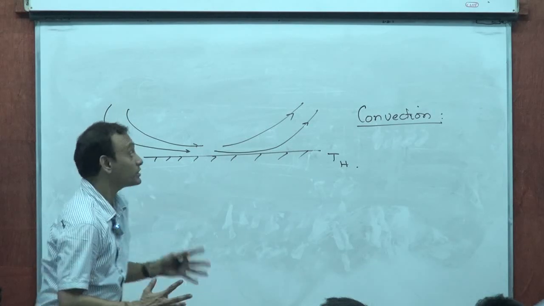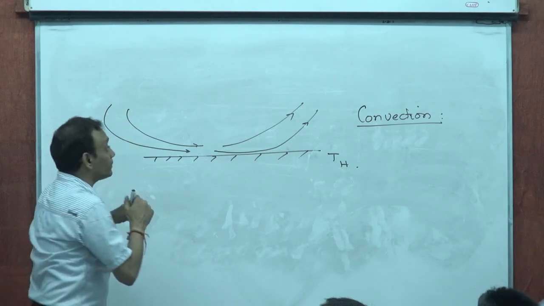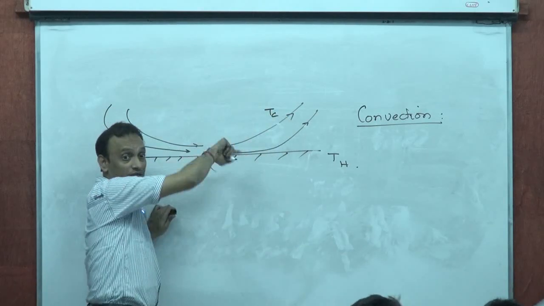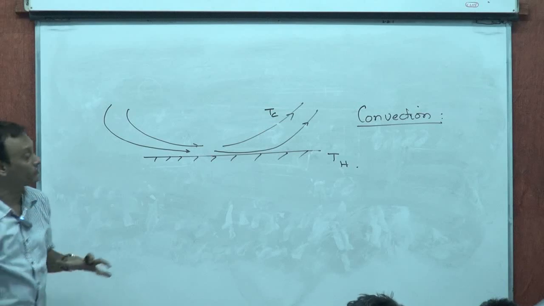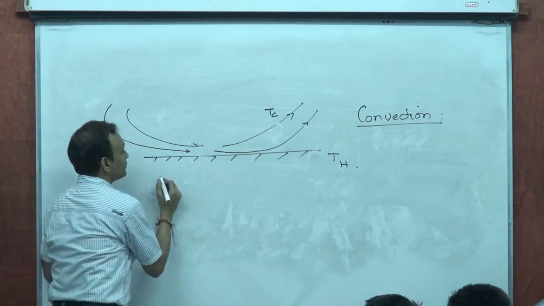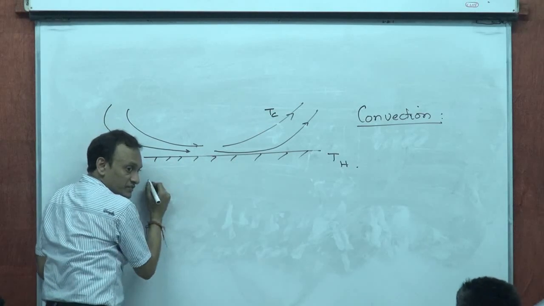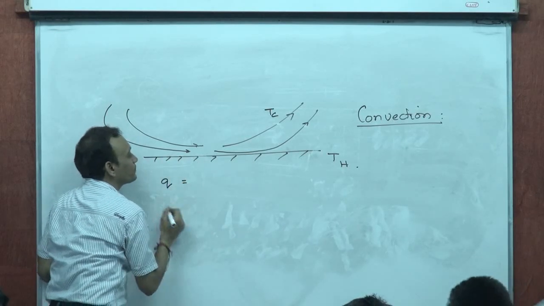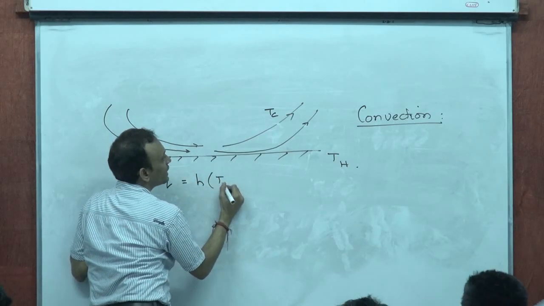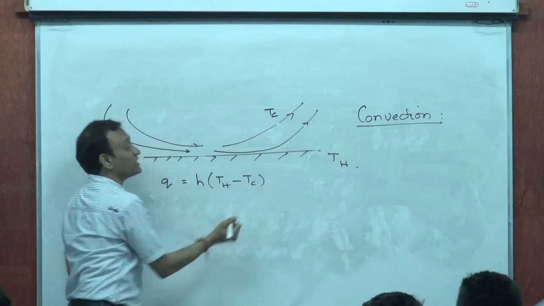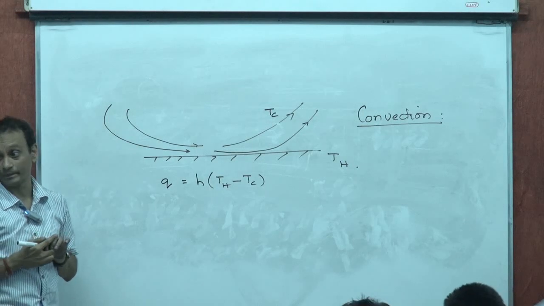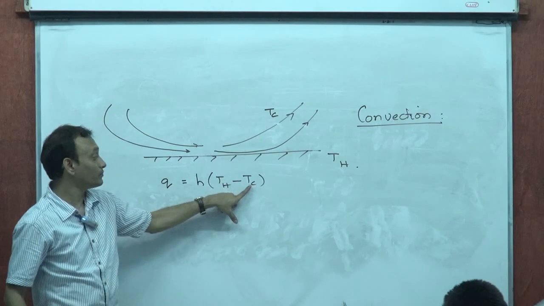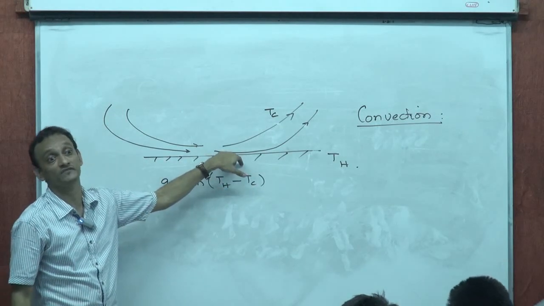The model associated, essentially then, at any given instant of time, say Tc is the temperature of the fluid flowing over it, then the watts per meter squared is going to be given by some h into Th minus Tc at any given instant of time. Tc is the temperature of the fluid flowing over it, and Th is the temperature of the hot surface.